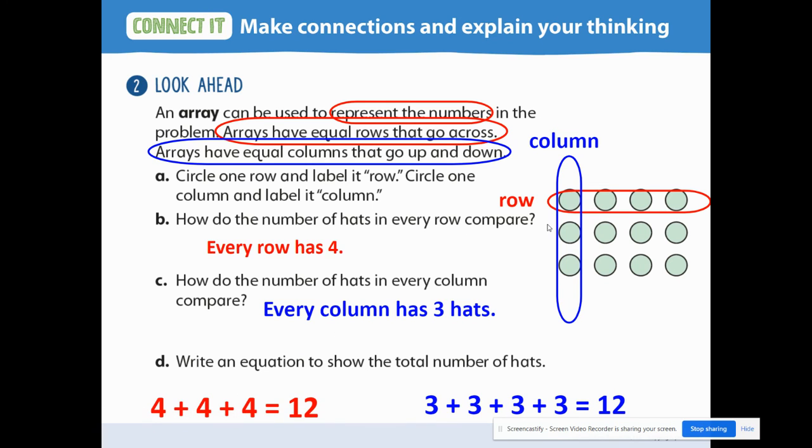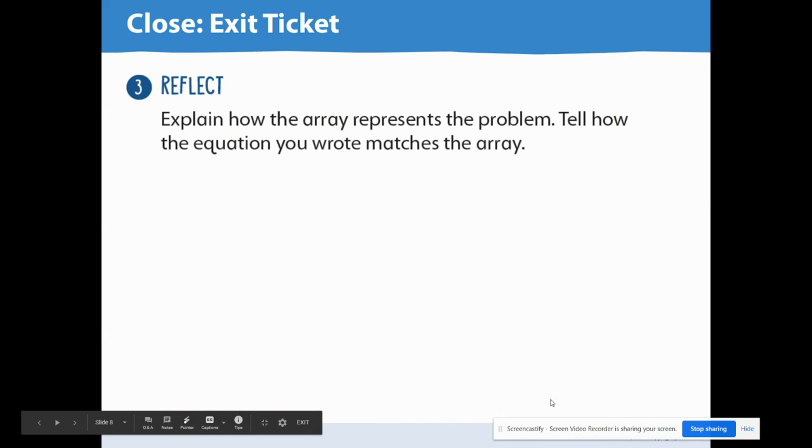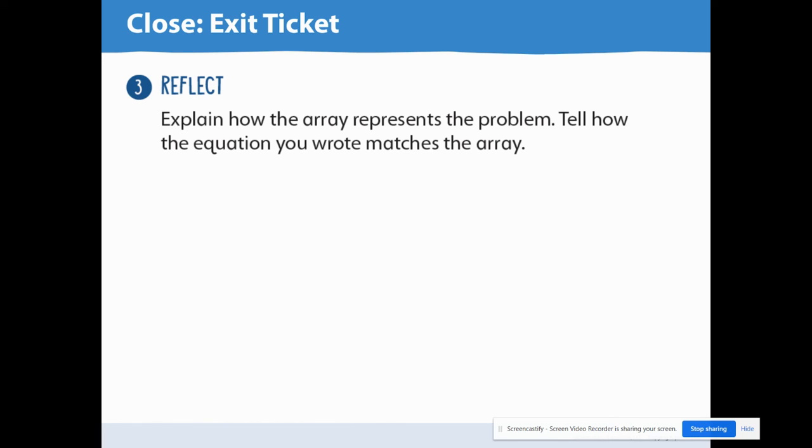I see there are 1, 2, 3 rows and there are 4 in each. Or if we look at the columns, there are 1, 2, 3, 4 columns, and they each have 3. So I'd like you to pause the video, go back and explain how the array represents the problem, and tell how the equation you wrote matches the array.